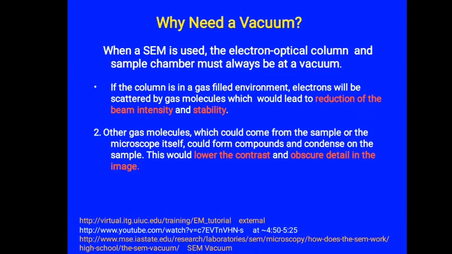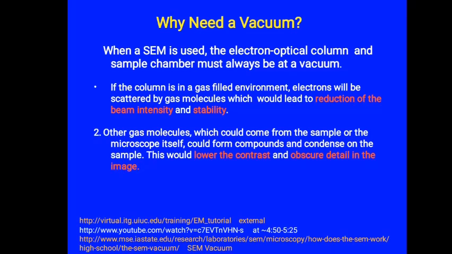Next, why the need for vacuum? In the scanning electron microscope, the electron optical column and sample chamber must always be at a vacuum. If the column is in a gas filled environment, electrons will be scattered by the gas molecules, which would lead to a reduction of beam intensity and stability.